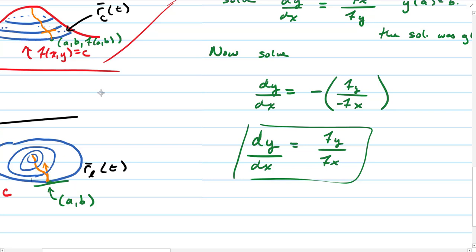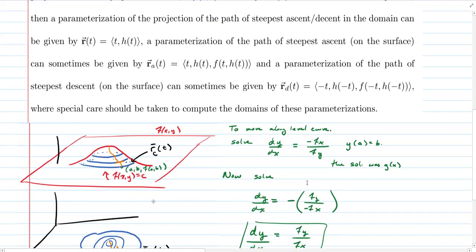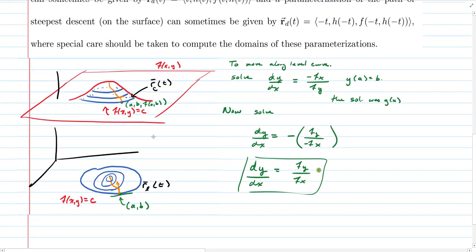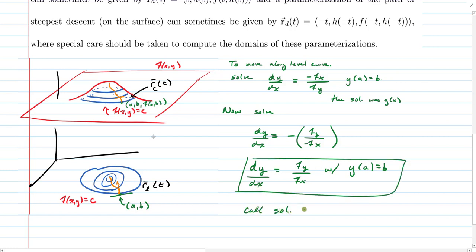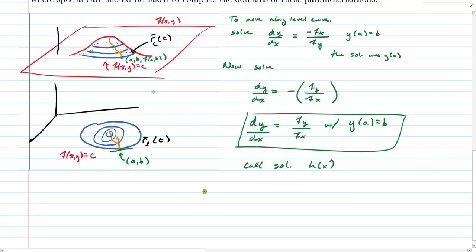So that's about all I have to say, because once you solve this differential equation, with the initial condition that y(a) needs to equal b, let's call the solution h of x. Then a parameterization of the curve of steepest ascent would just be t comma h of t. That gives you this curve right here.